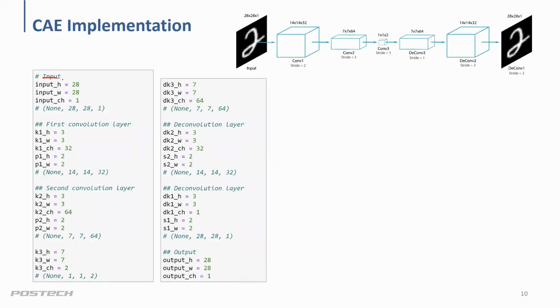Here are the input, the first convolution layer, and the second convolution layer. Then at the end, we got to this point. For the deconvolutions or transposed convolutions, look at the size, and the kernel size, things like that.